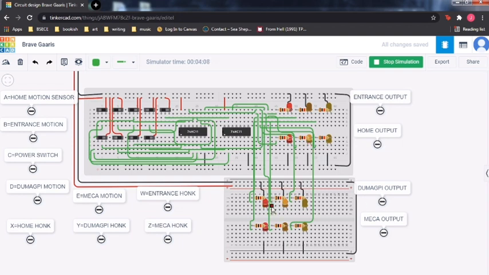The same with the Dumapi side. Red light is on because there is a car at the entrance. Orange light is on because there is a car at the Mecca side. So that's all for the demonstration of the solution for the problem, blind curve.